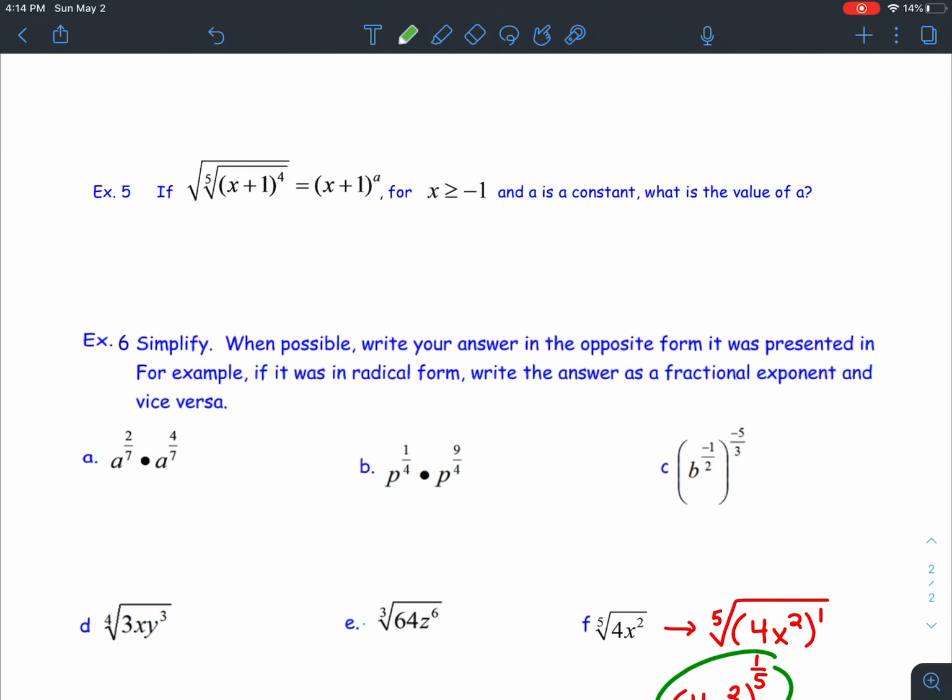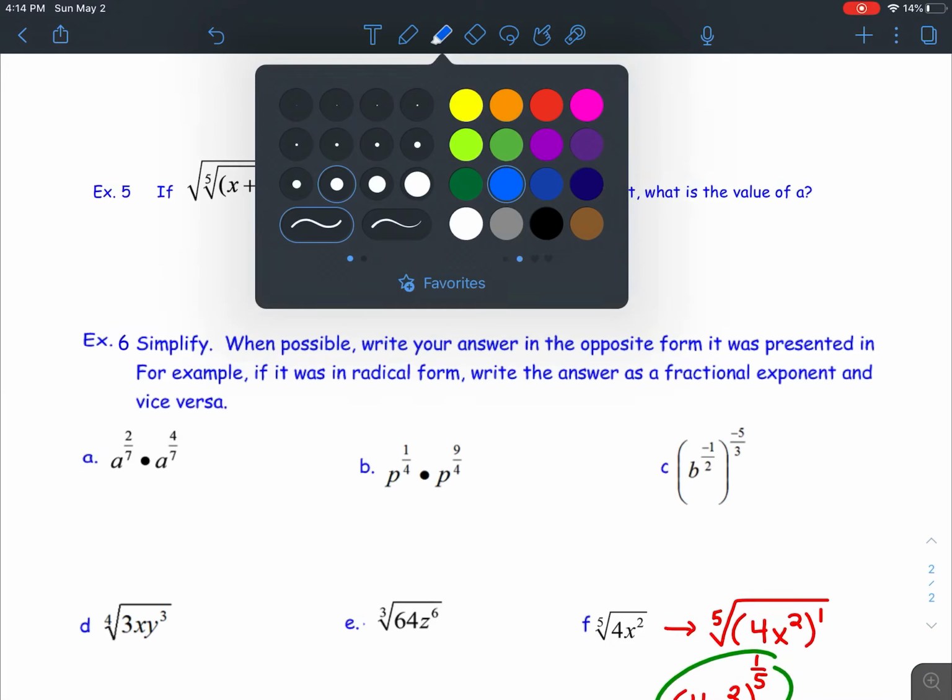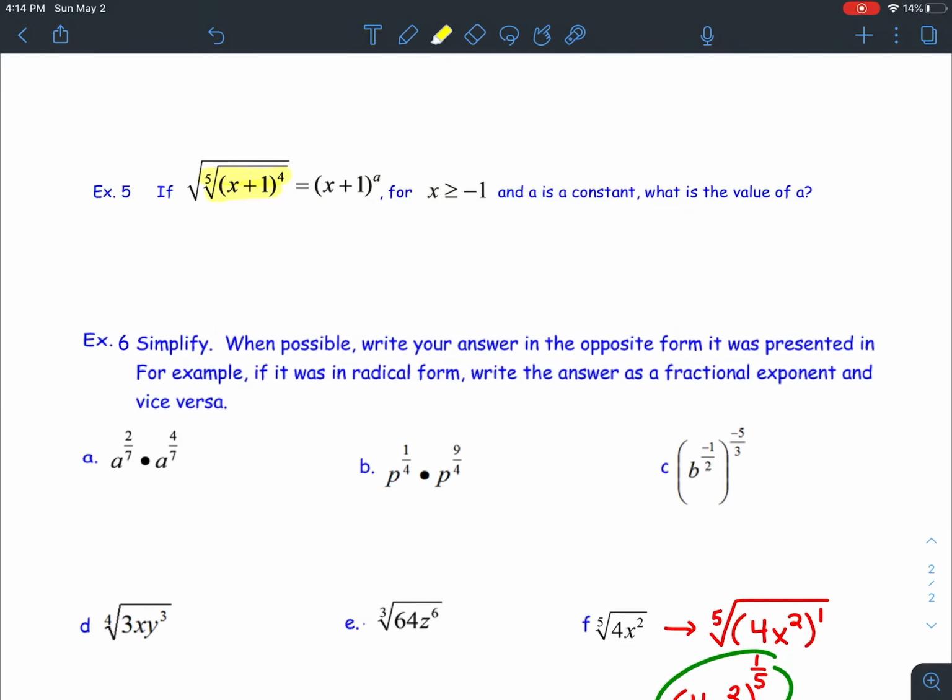We're going to try one more like this, and then we'll wrap up with just a few other examples here. Once again, our focus is on the inside radical. We're going to leave the outside square root symbol there. We're going to write this x plus 1 to the 4/5 power, and then we're going to deal with this radical symbol by taking x plus 1 to the 4/5 and closing that in parentheses and raising that to the 1/2 power.